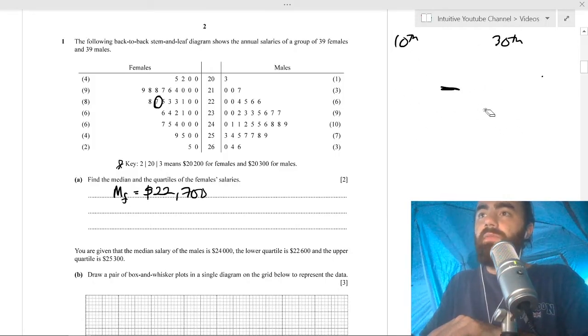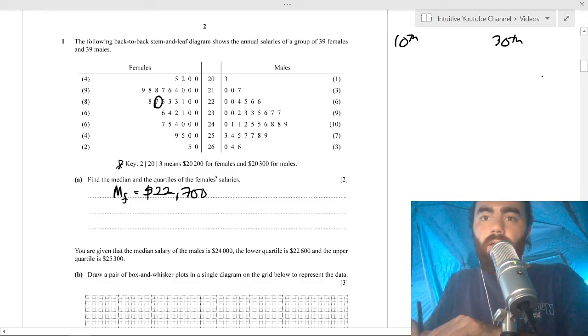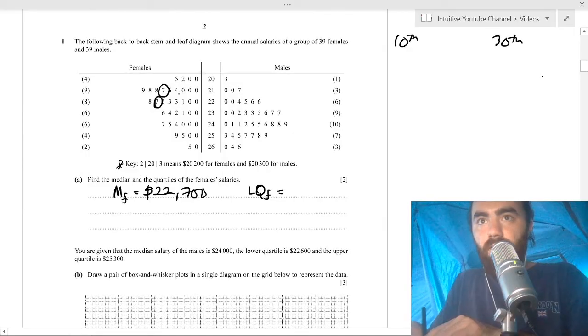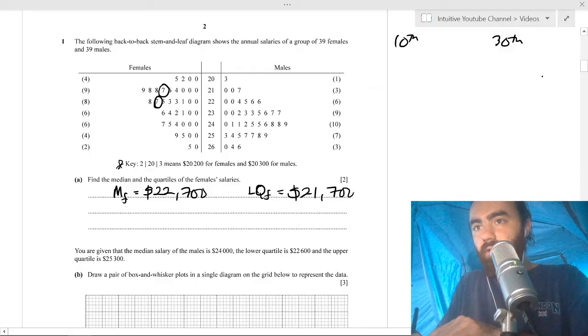That's the bottom 25% and the top 25%. So let's count 10 in here. We've got 4, 5, 6, 7, 8, 9, 10. So we could say the lower quartile for females is this value, which is 21,700.